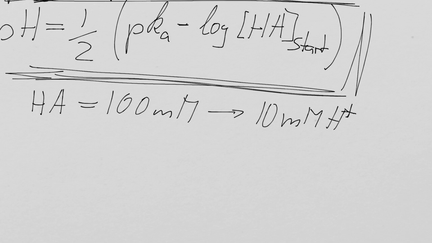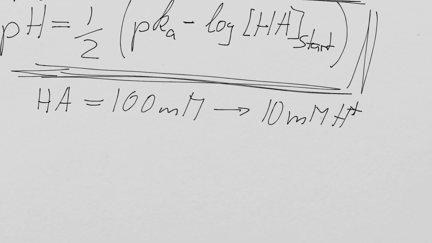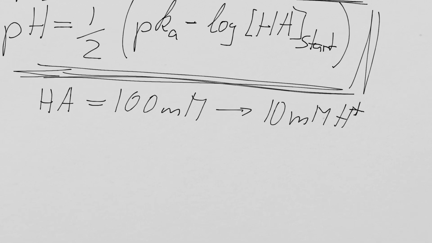Remember that? This example? And we set the pKa of this guy equals 2.95. Yeah, 3. It's 3. Okay? So let's calculate the pH.